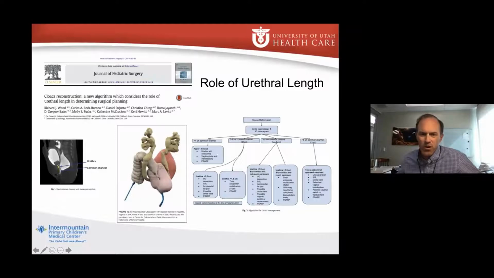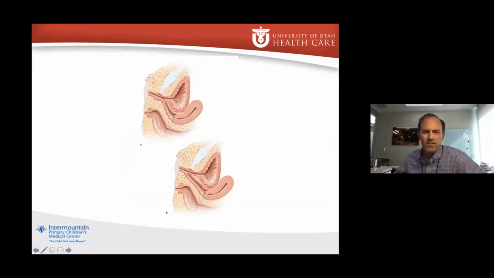If it's 1 to 3 centimeters and the urethra is normal, then you can do a total urogenital mobilization and a PSARP on those kids. But if at any point you find the urethra is less than 1.5 centimeters, then they'll do a UG separation procedure. And I'm going to show you why that's important. So I hope this comes up okay. We're going to focus mostly on this top picture here.